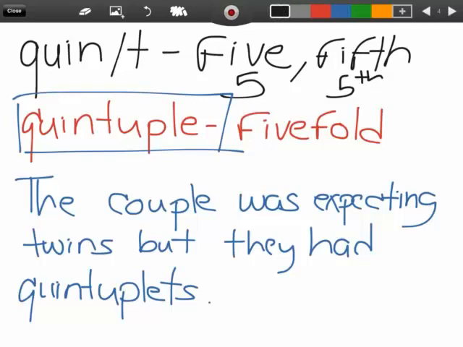Moving on to our next root, we have finished the letter Q and we are moving to the letter R. And the first root, I should say, of the letter R is radic, meaning root.